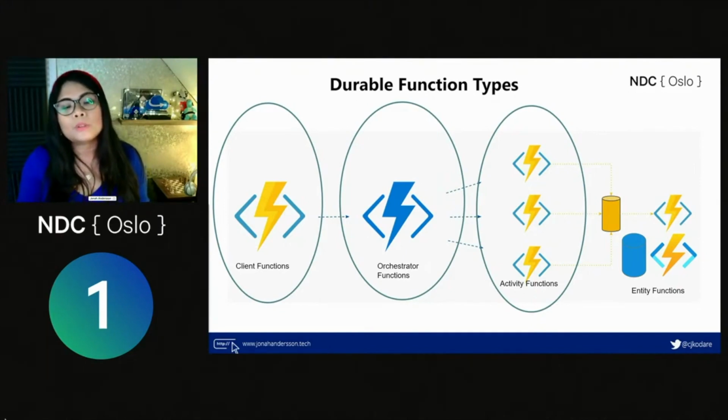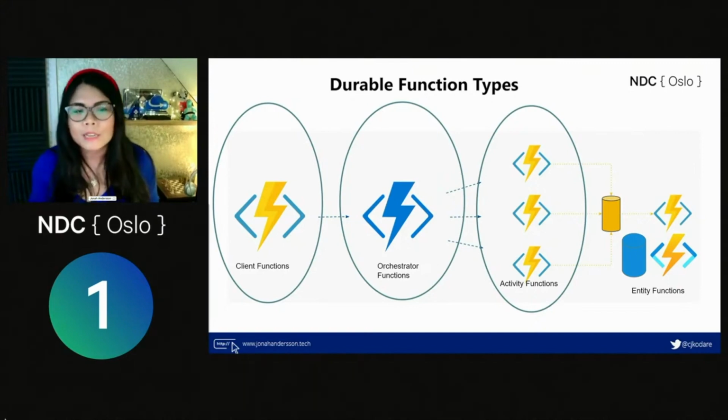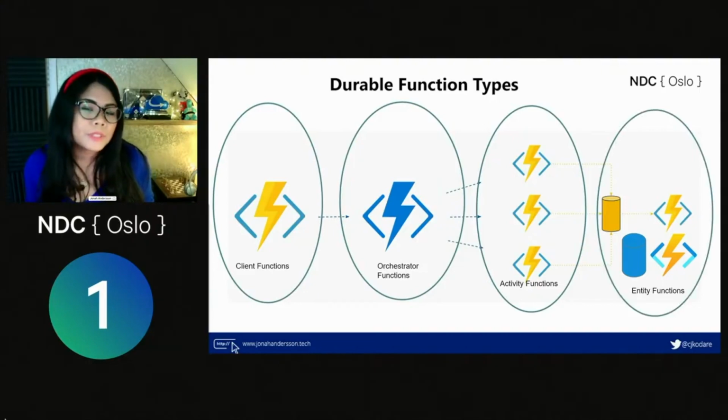And how they are called depends on how you design your workflow in your orchestrator or the pattern that you use, which I will be discussing in the later section of this presentation. And there's also another type, which is called the entity functions, which is ideal in reading or updating durable entities.